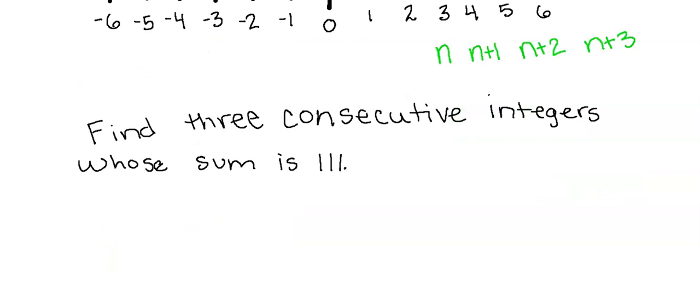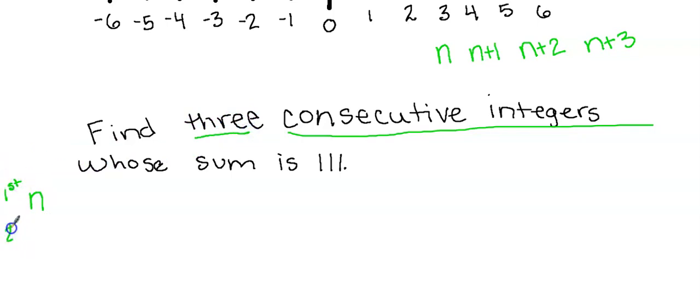Find 3 consecutive integers whose sum is 111. All right, so since I know I'm looking at just consecutive integers, I know my first number will be n. I need 3 of them. So this is my first one.